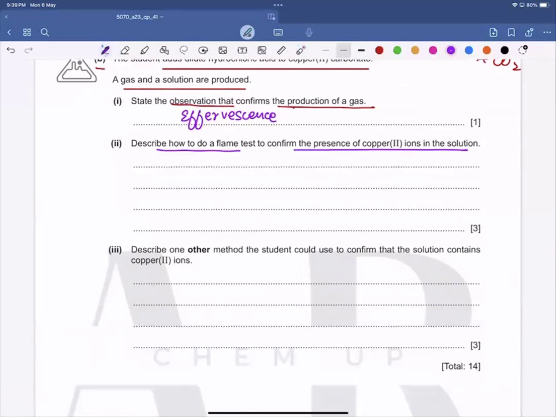So who can recall the flame test? Take some crystals on a coiled wire, the wire loop.